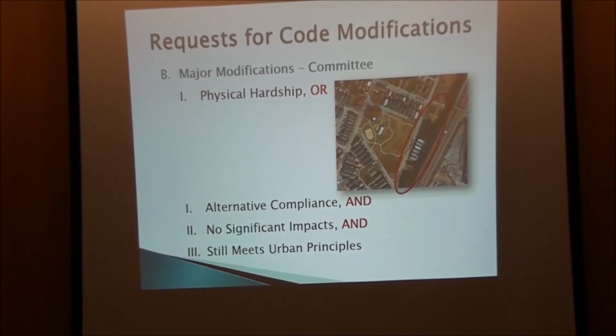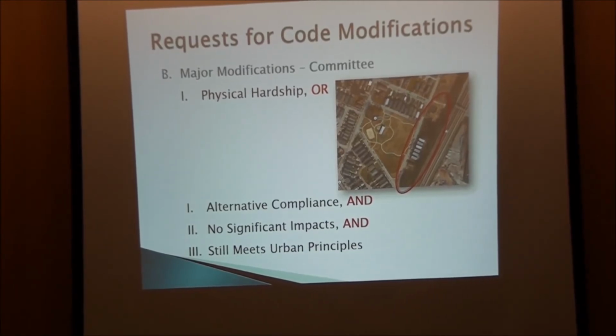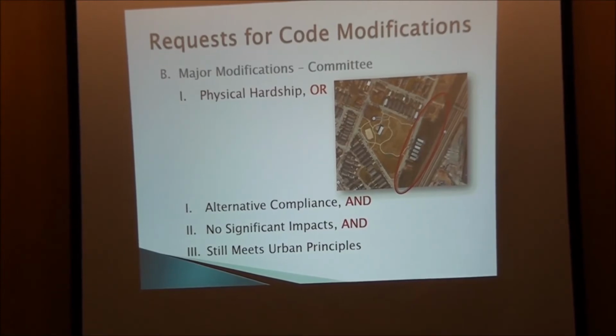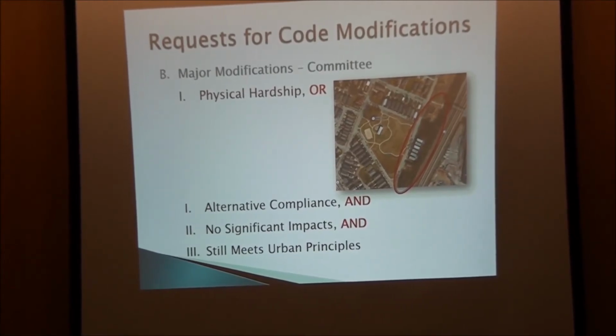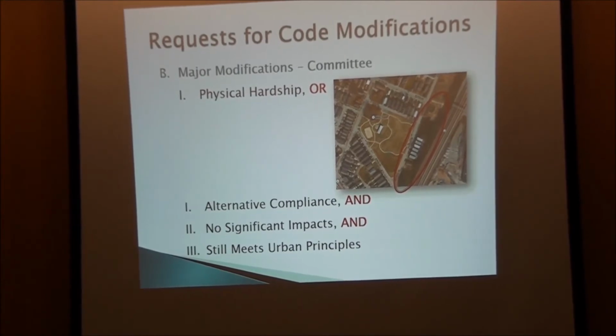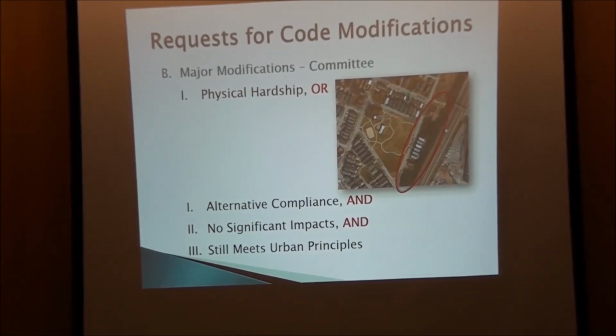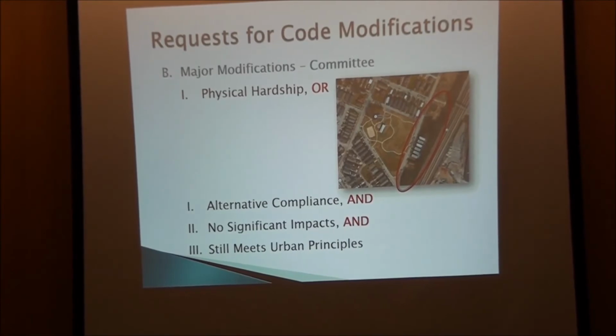And you, as the applicant, will need to prove one of two things. Either that there's some physical hardship with your property, things like you're on a slope and therefore the setbacks in this code just don't work with the slope you're having to deal with. Maybe the shape of your lot is really strange and it just doesn't quite work. That's one option, and you can do that today with the Board of Zoning Appeals.